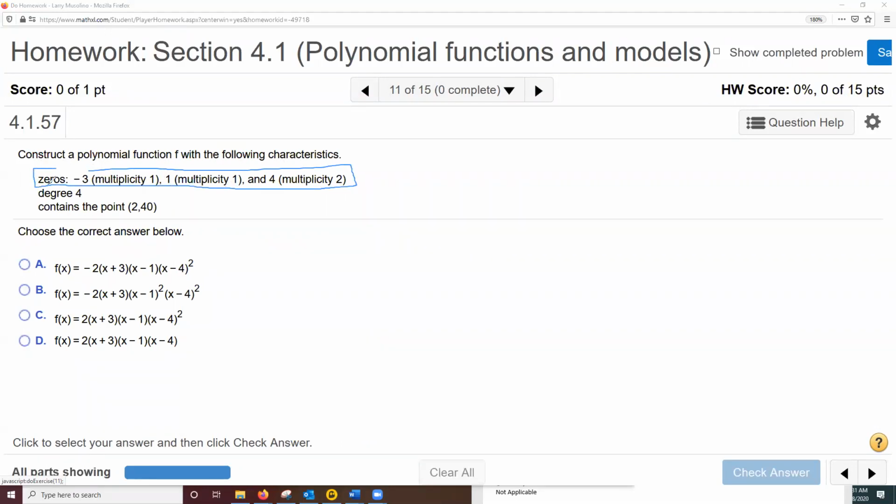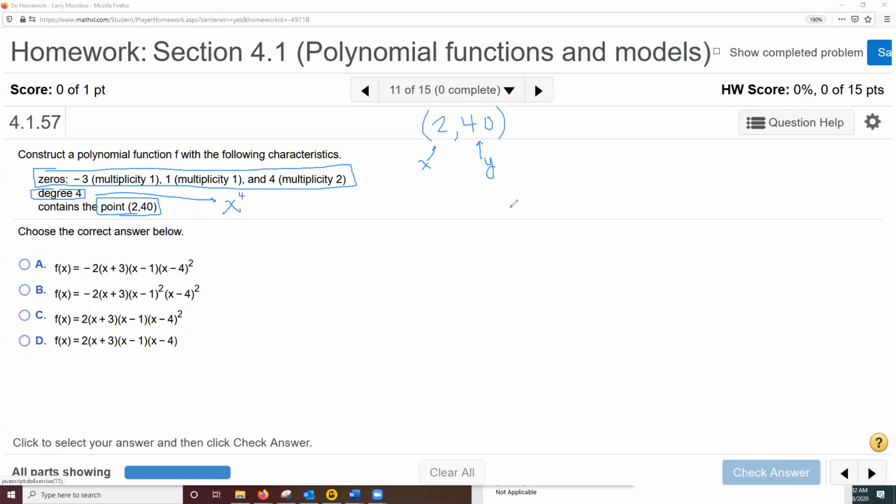And it's also giving me that the function is going to be degree 4. Remember, that means I'm going to have an x to the 4 in the function. And it's also giving me an xy point, 2 comma 40. So if I was to graph this function, the graph would have to pass through the point 2 comma 40.